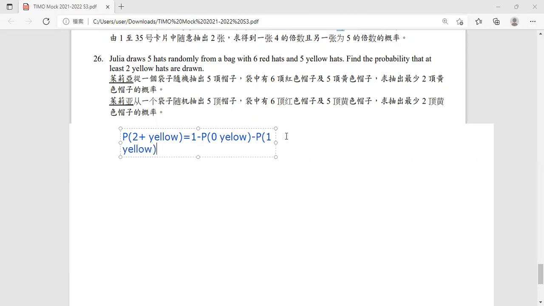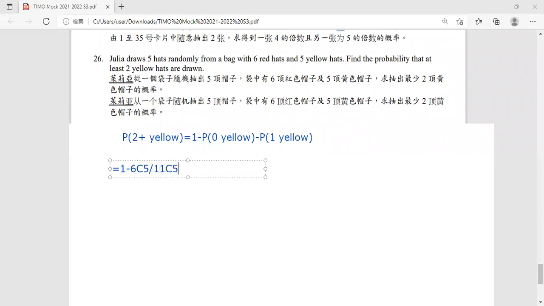Okay, so that means it is equal to 1 minus, oops, just a typo. 1 minus what? 1 minus 0 yellow, no yellow hex. That means all the hex are red, which is 6C5 over 11C5.